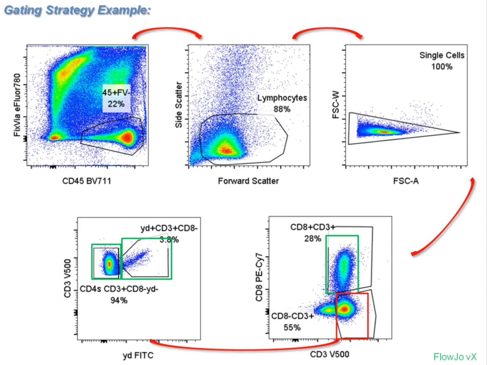In this assay, I wasn't able to use a CD4 marker, essentially because the CD4 antigen is downregulated in this assay based on the stimulation. So I'm identifying the CD4s by knowing what they aren't: they aren't CD8, they are CD3 positive, but CD8 negative and gamma delta negative.